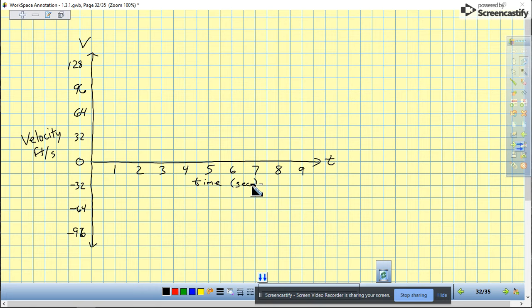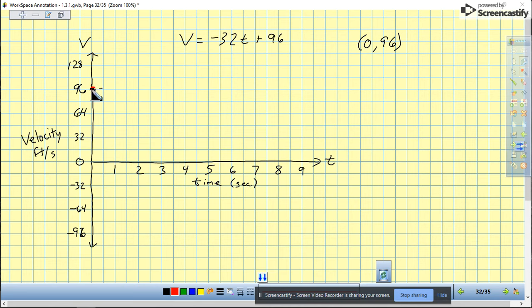So our equation was v equals negative 32t plus 96. So again, our y-intercept, I'm not going to go through the process of how I found it again, is going to be 0, 96. Okay? So in red, so it shows up better, there's 0, 96.